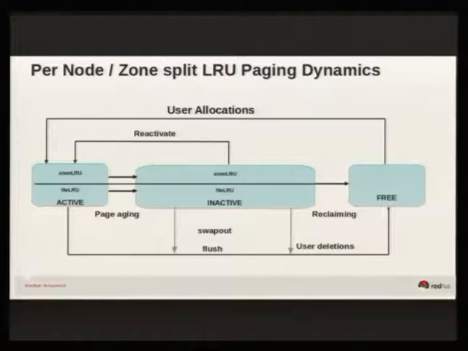What this implies is if you have multiple nodes, one of the nodes becomes exhausted where the other nodes are not exhausted, you can have swapping going on one node where there's no swapping going on another. You'll take a utility like vmstat and you'll see it with potentially many, many gigabytes of free memory, yet it's swapping. If you see something like that, that's indicative of one of the nodes being exhausted, the other nodes not being exhausted, and there are ways of working around this and dealing with this.